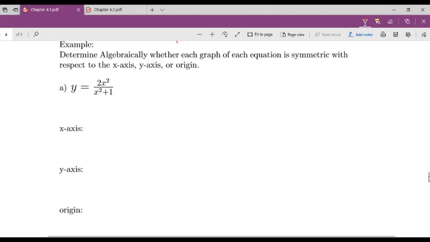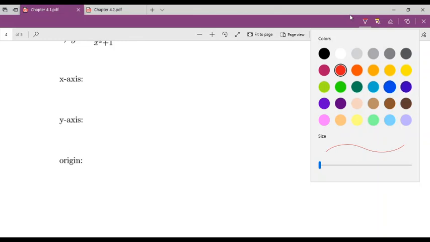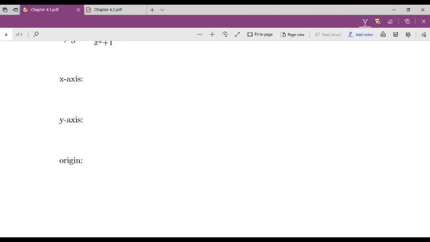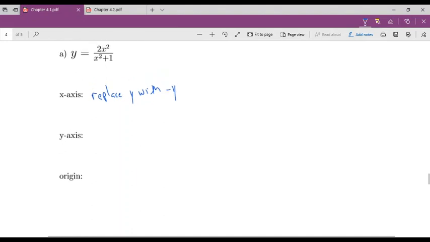For the x-axis, our rule here is replace y with negative y. If we wind up with the same function after we replace y with negative y, then it works.